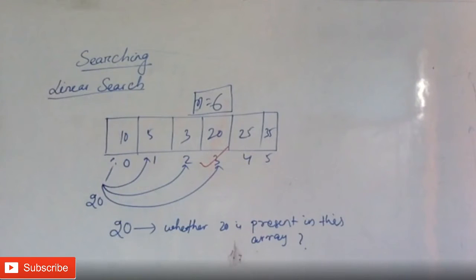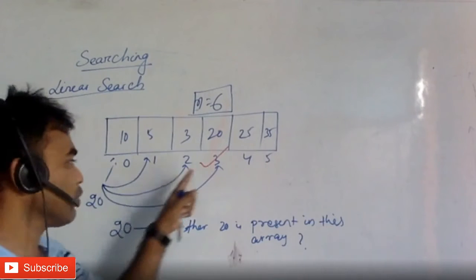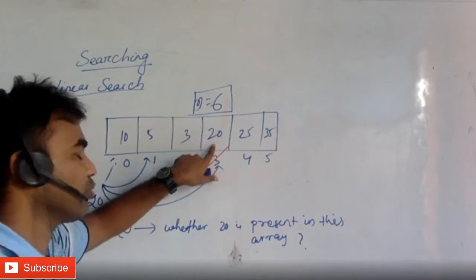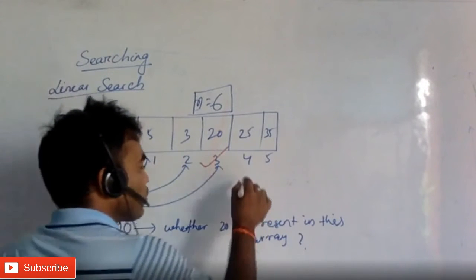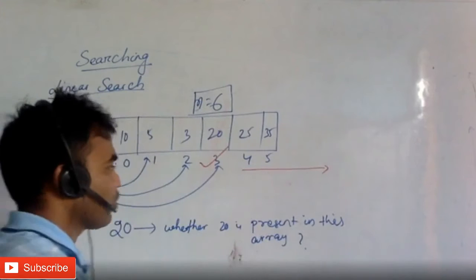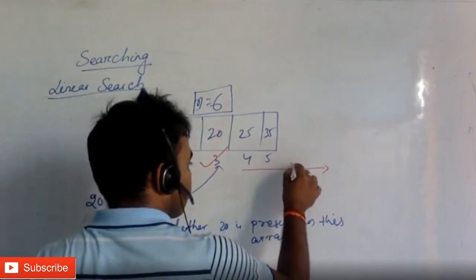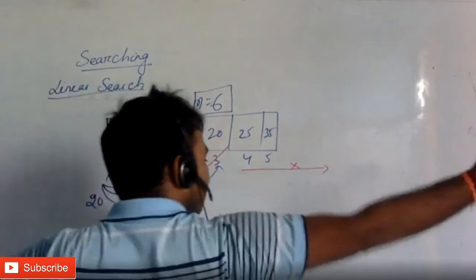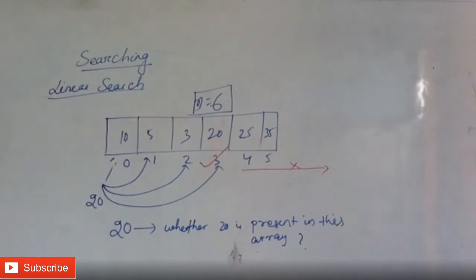Remember, when we write the code, this will help you. Once you get a match, like 20, do I need to search any other element after this? The answer is no, I don't need to search. There are only 6 elements here, but this array could have had 10,000 numbers.